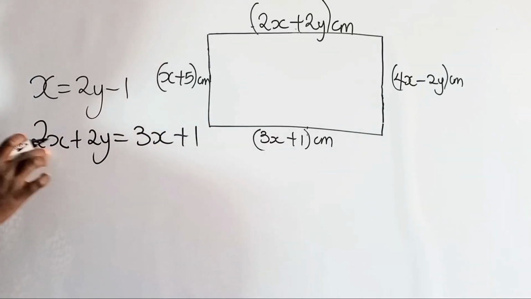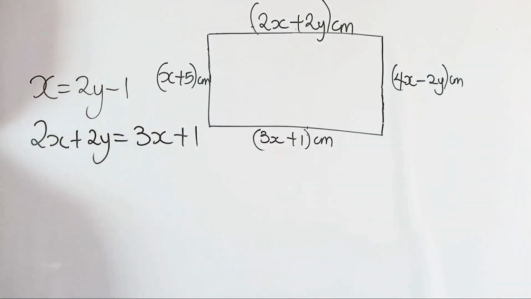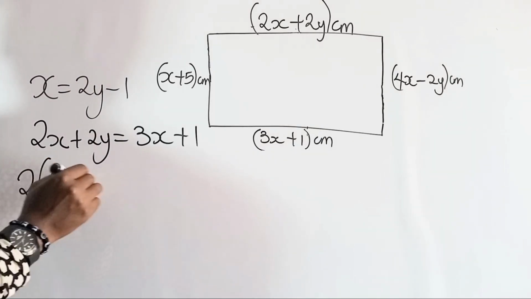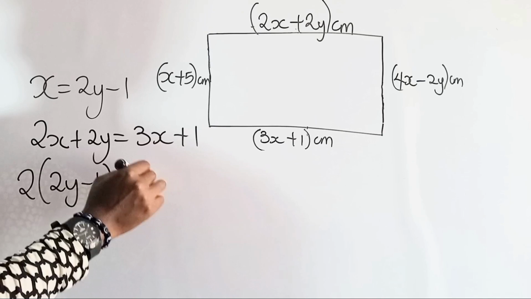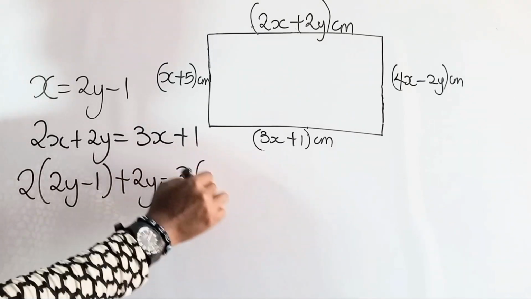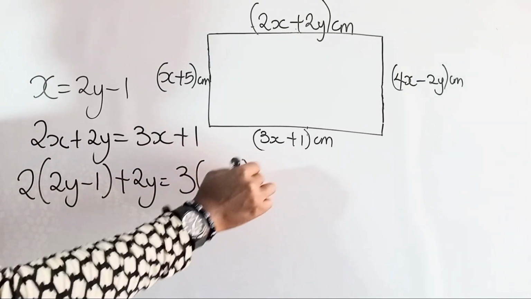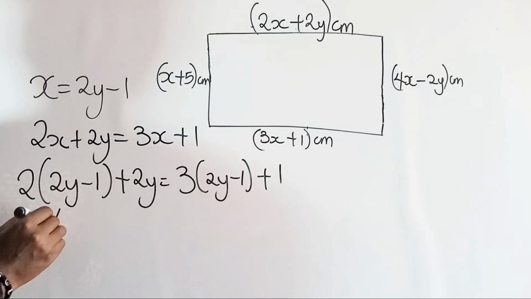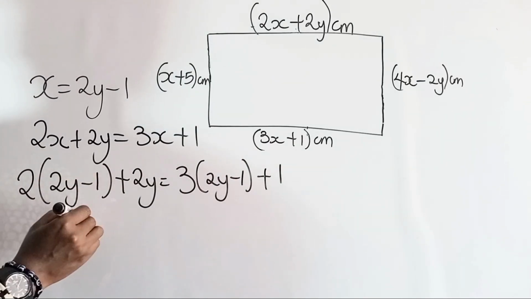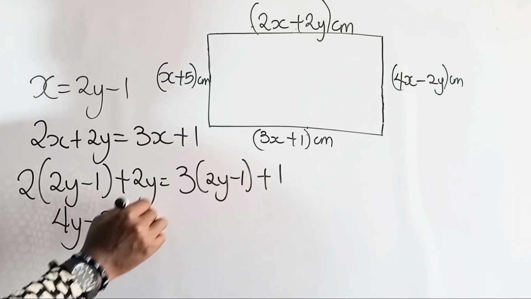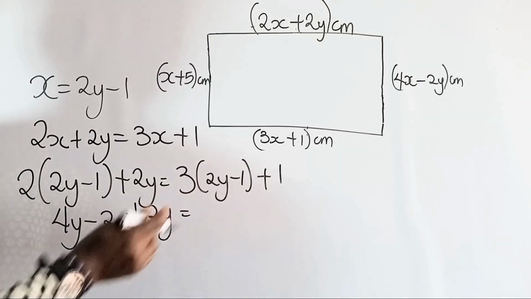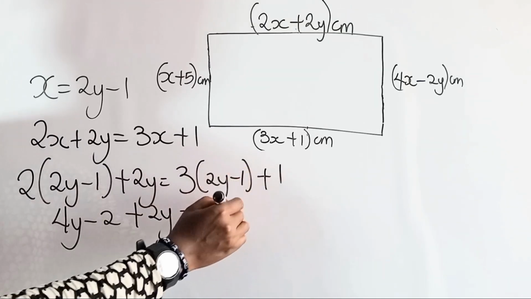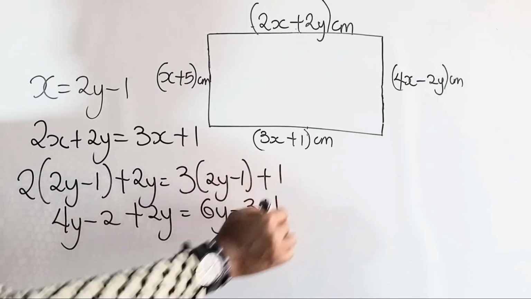Now, wherever we have x, we are going to plug in 2y minus 1, so that we have 2 into (2y minus 1) plus 2y equals 3 into (2y minus 1) plus 1. Let's expand the bracket. 2 times 2y will give us 4y. 2 times minus 1 will give us minus 2, plus 2y equals, let's expand this, 3 times 2y will give us 6y, 3 times minus 1 will give us minus 3, plus 1.